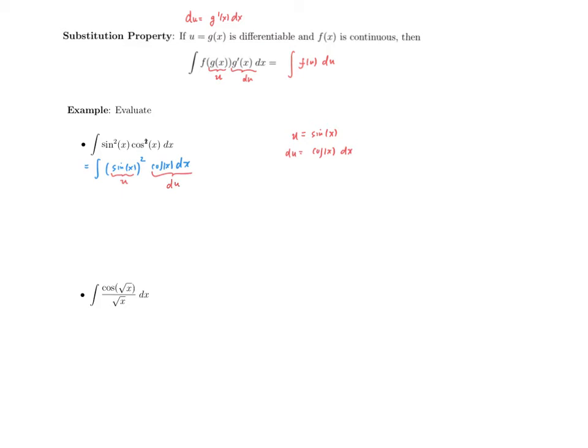So we can see this is going to work out very quickly and very efficiently. In terms of u, it's simply the indefinite integral of u squared. That would be 1/3 u cubed plus c. And then remember we resubstitute. So every u needs to become a sine. So 1/3 sine cubed x plus c.